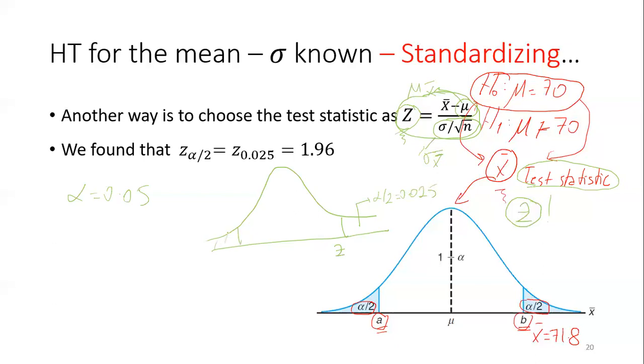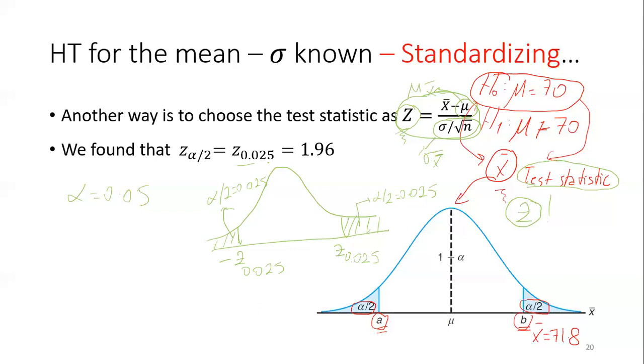Let me plot it like this and find the value where alpha over 2 is equal to 0.025, okay? Remember, what do we call this value? It leaves an area of 0.025 to the right, so this is Z sub 0.025. And this is the Z value that leaves an area of 0.025 to the left. Since these are symmetric, this is minus Z sub 0.025, okay?